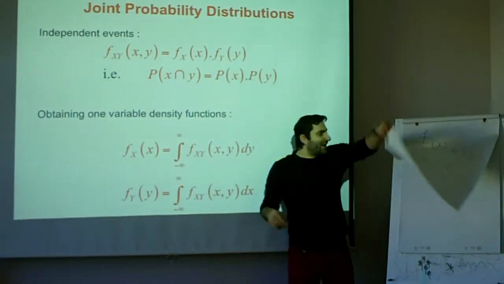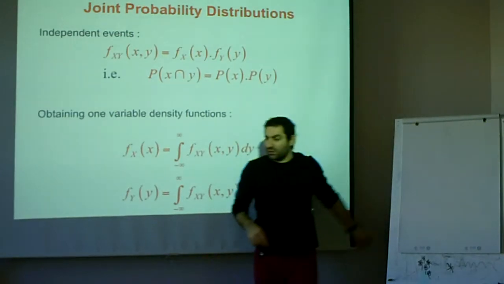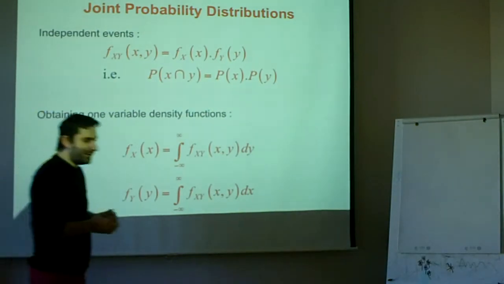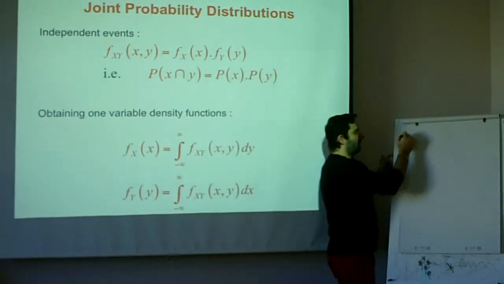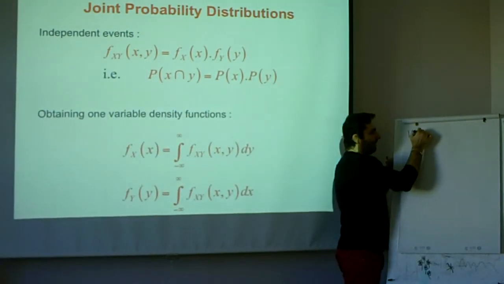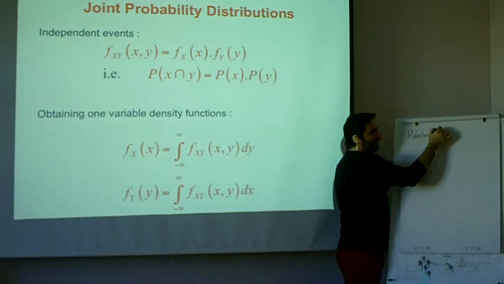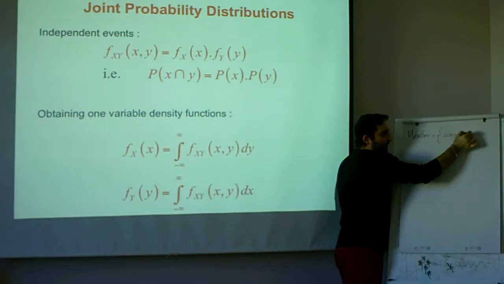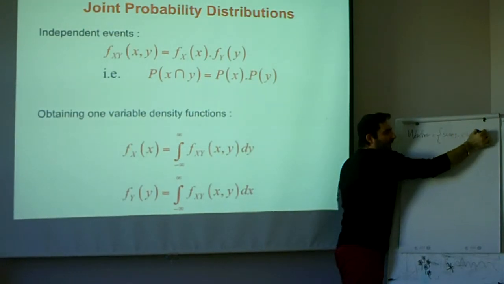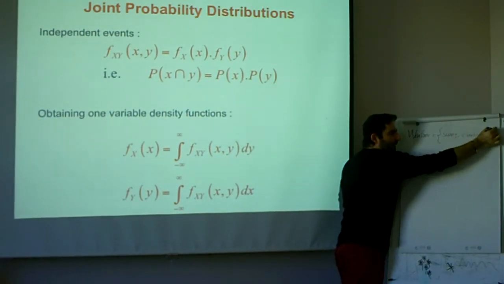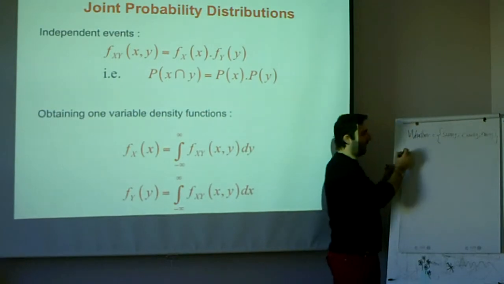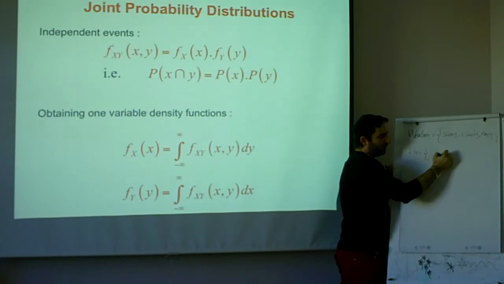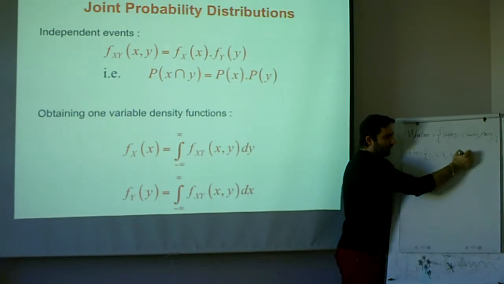Before I go to the next line, let's show it in an example. Assume the weather can be sunny, cloudy, and rainy, and a die is 1, 2, 3, 4, 5, 6.